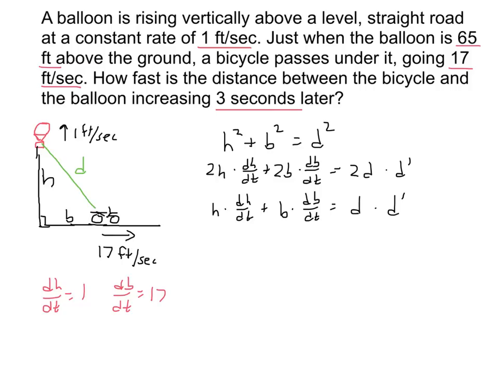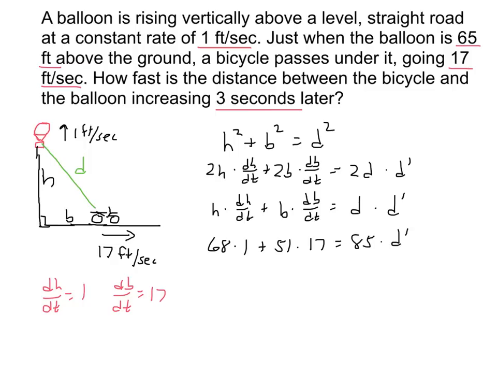So plugging that information into this problem, I now get 68 times 1, plus 51 times 17, equals 85 times d prime. And so what you want to do now is solve for d prime.